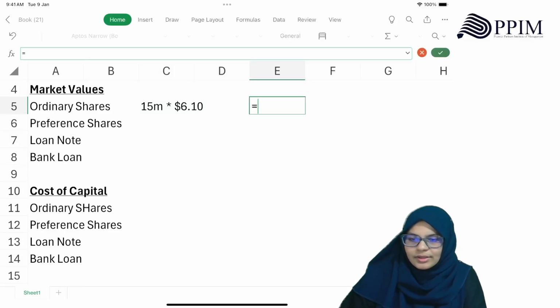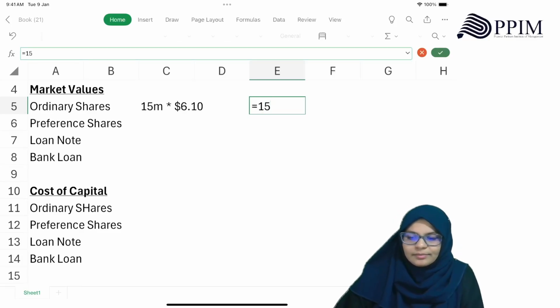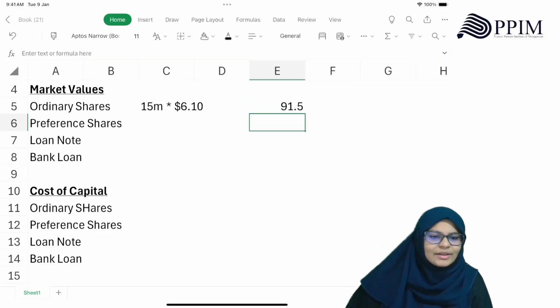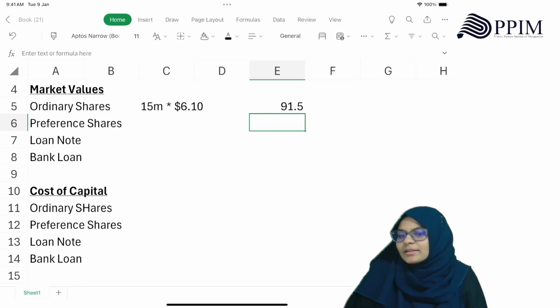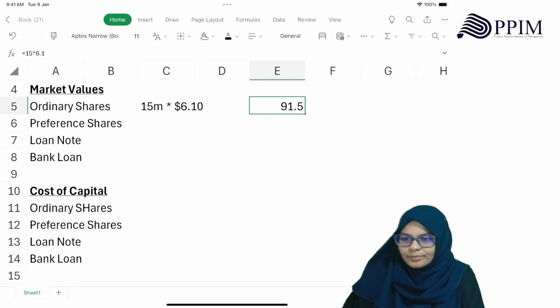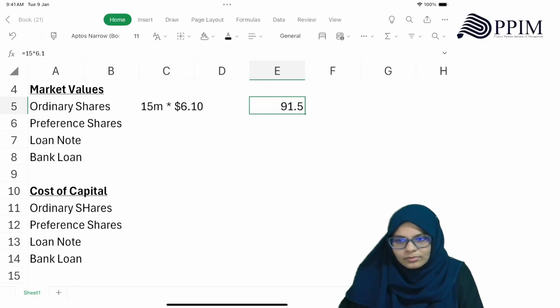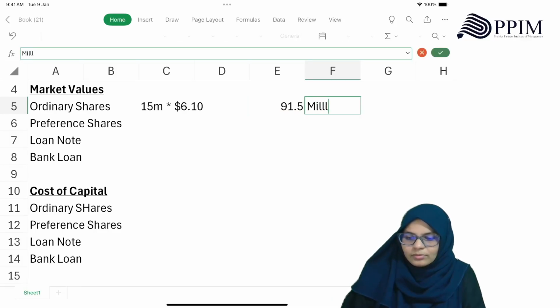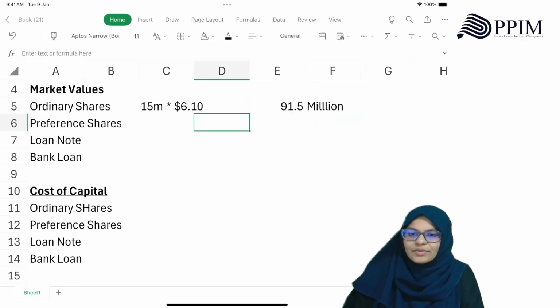So that will be 15 into 6.1, so $91.5 million. Okay, that's for the ordinary shares.